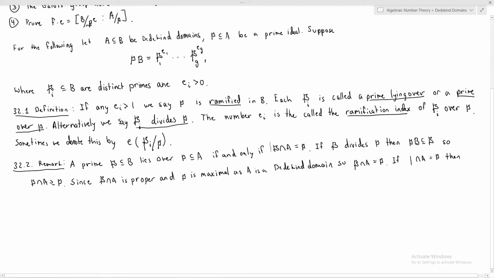If big P intersect A equals little p, then this is going to be contained in big P. So by, this is 31.2.